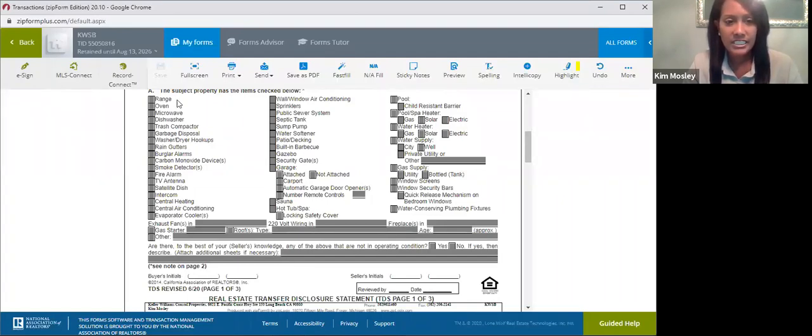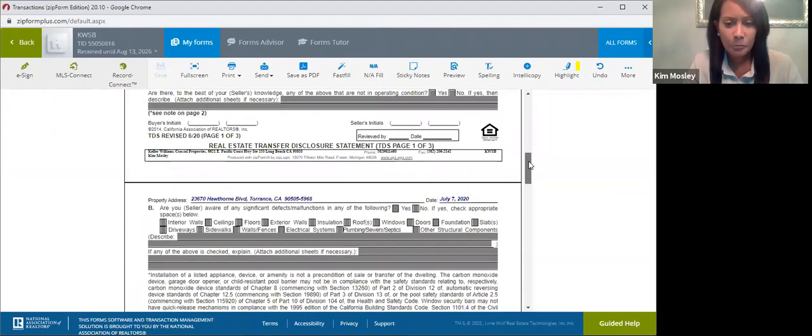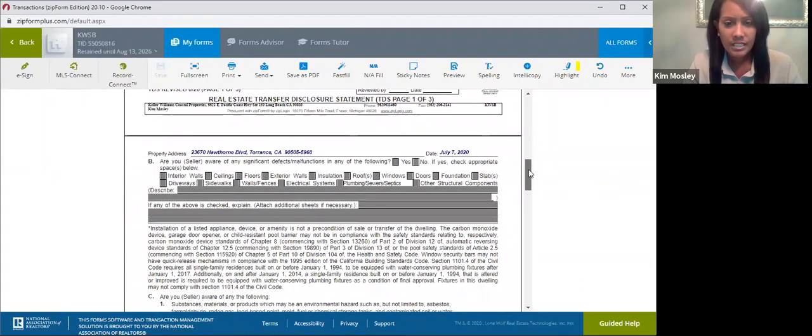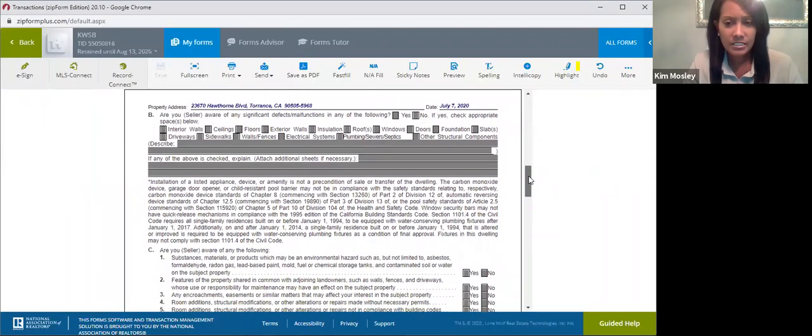Okay, so the seller just needs to go here and check the items that are in the property. So that's on page 1. And then on page 2, the seller needs to also complete this section themselves. And it asks the seller if they are aware of any significant defects or malfunctions in any of the following?